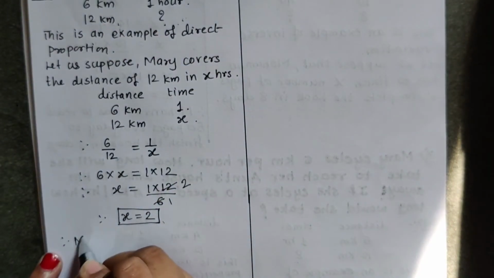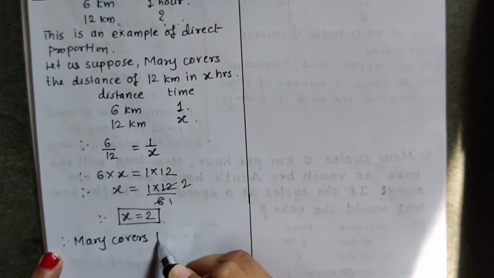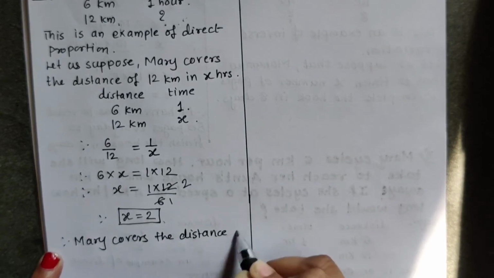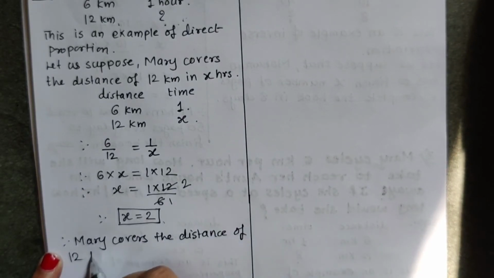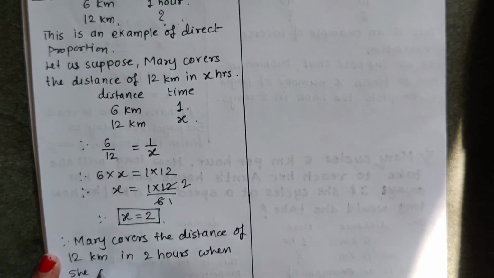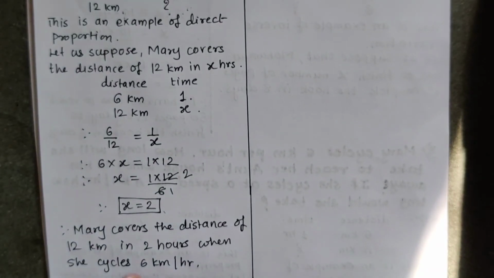Mary covers the distance of 12 kilometer in 2 hours when she cycles 6 kilometer per hour. When the speed of her cycle is 6 kilometer per hour, she can cover the 12 kilometer distance in 2 hours.